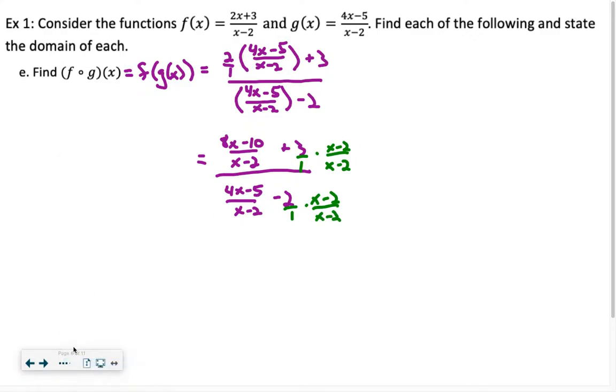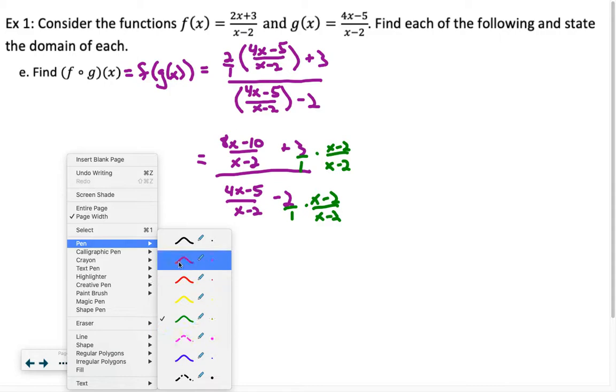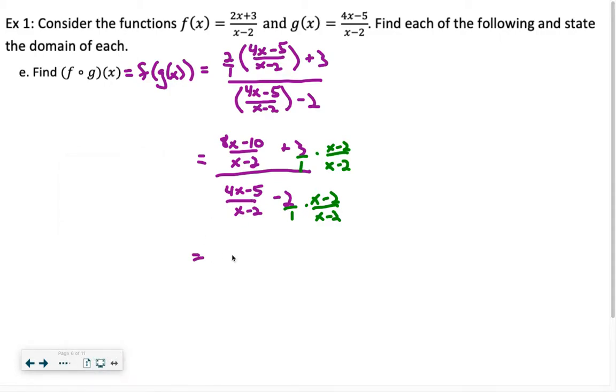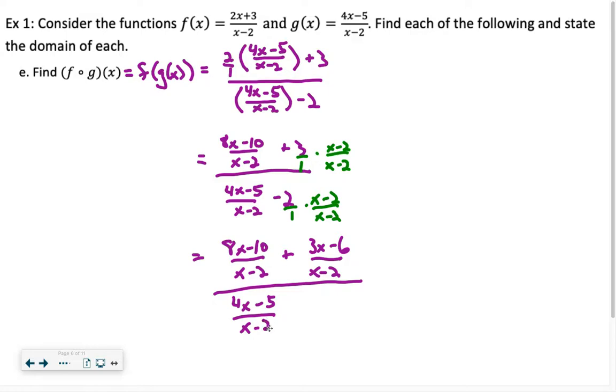So when I do that, I'm going to end up with 8x minus 10 over x minus 2 plus, now I'm distributing this 3, so that'll be 3x minus 6 over x minus 2 all over 4x minus 5 over x minus 2 minus, and again, we're distributing this 2, so that'll be 2x.